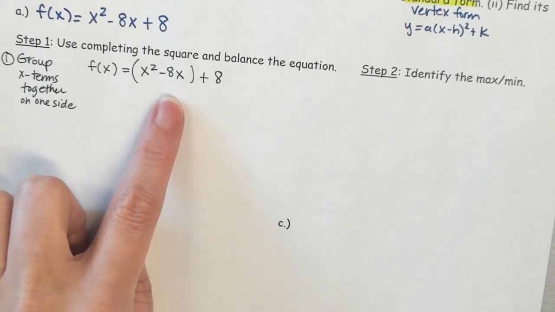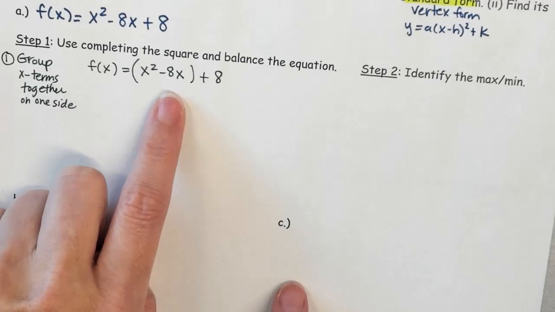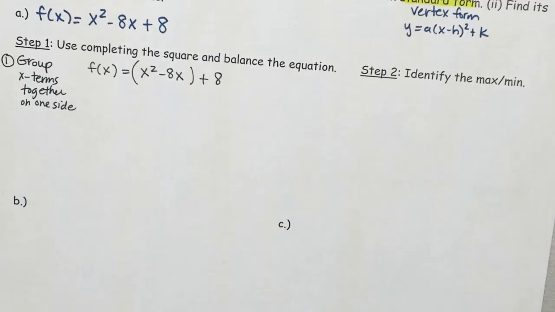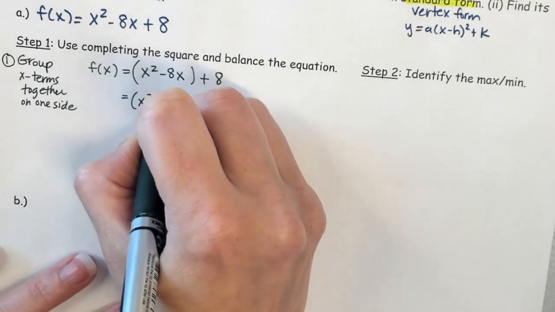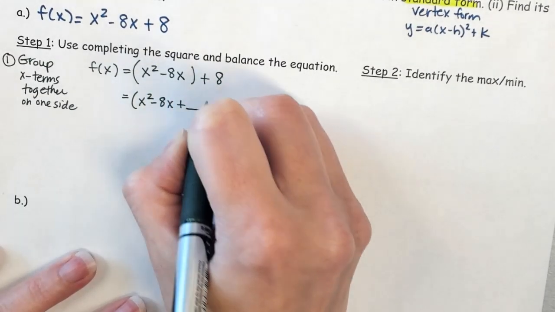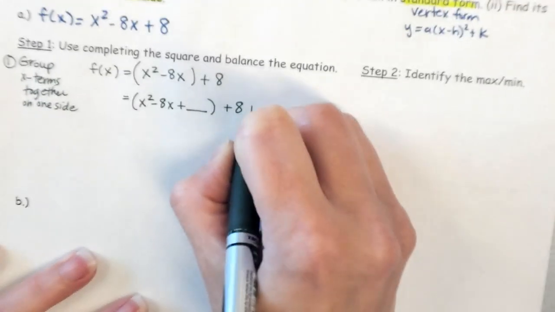And what you're going to do is complete the square with only these x terms. So when you're completing the square, you are making this value into a perfect square trinomial. When you first learned about factoring, you guys did a lot of perfect square trinomials.